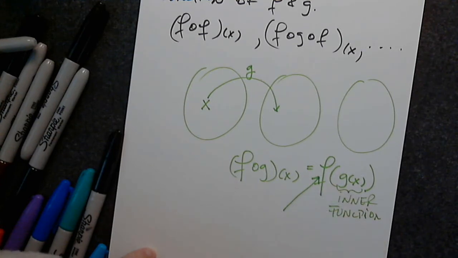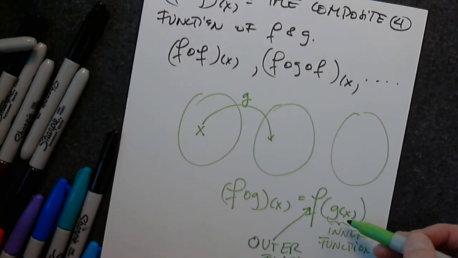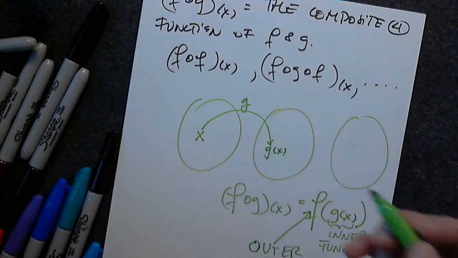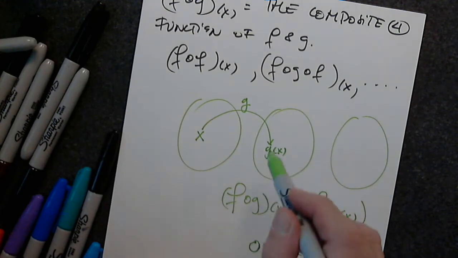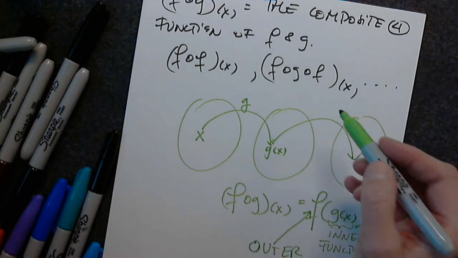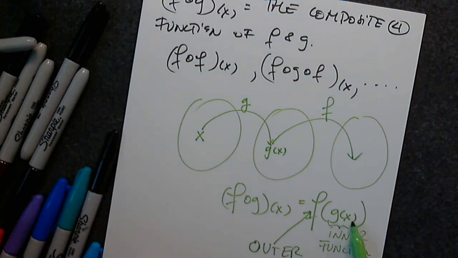Obviously the outer function. So after we finish and I apply G to X, I get G of X. To this number, I apply function F to get F of G of X.